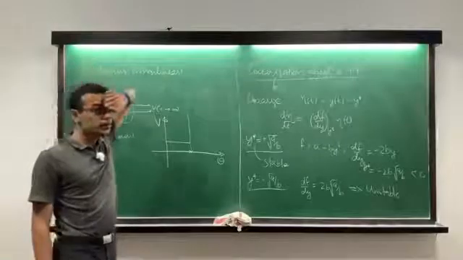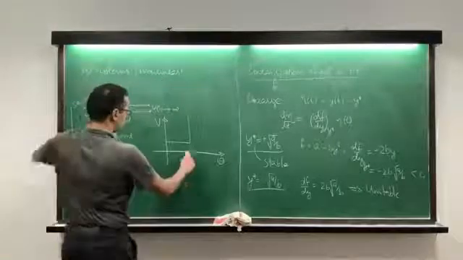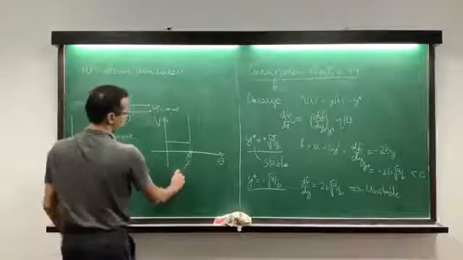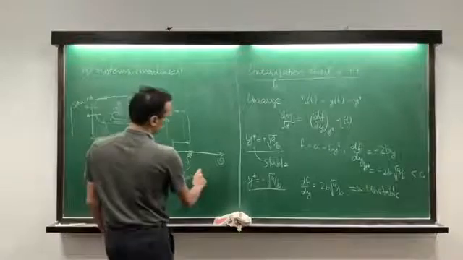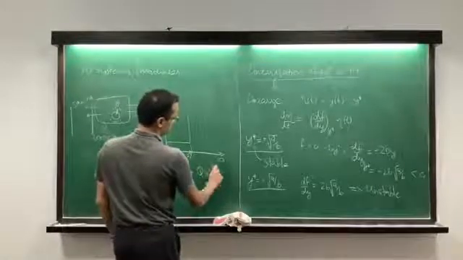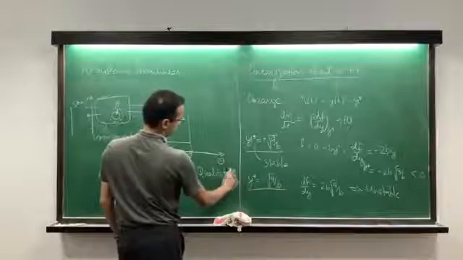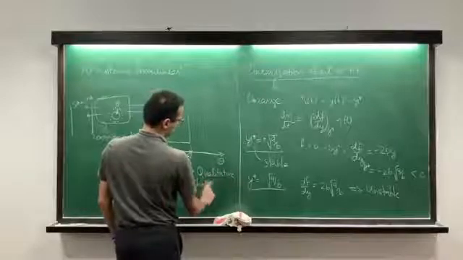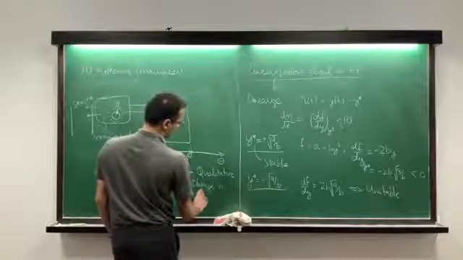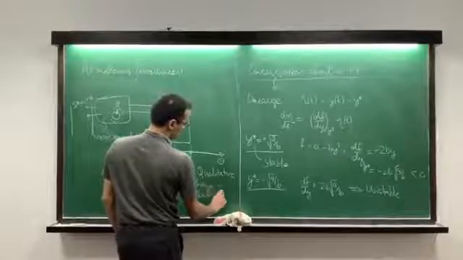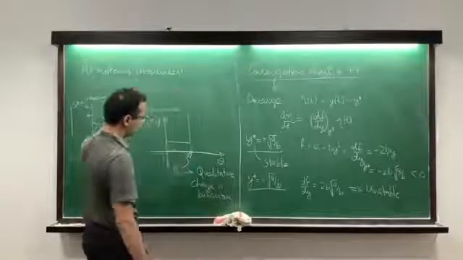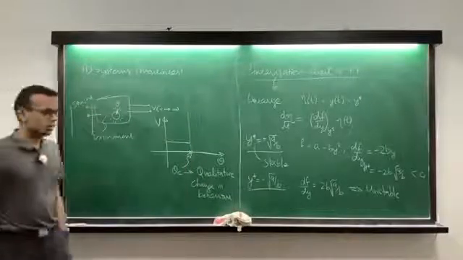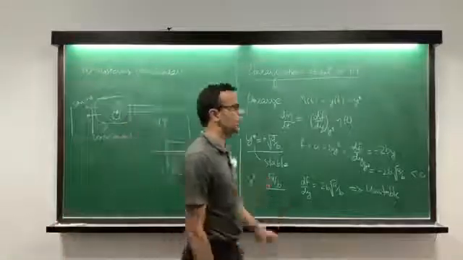At this point, which we'll call theta c, there is a qualitative change in the behavior. In this case it's trivial: it was finite, now suddenly it's become infinite.